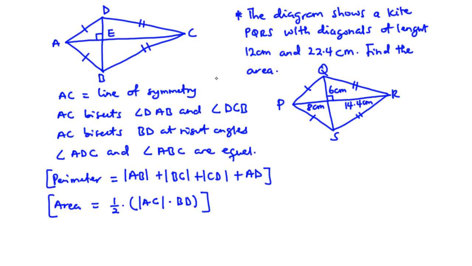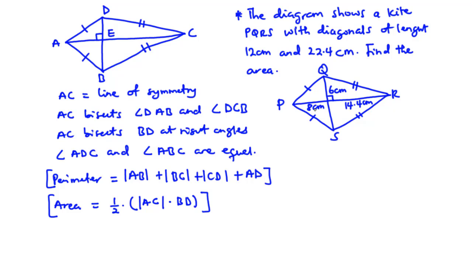So we have a question here. The diagram shows a kite PQRS with diagonals of length 12 centimeters and then 22.4 centimeters. Find the area. So we have a kite here, PQRS. We have the diagonals PR and then QS.